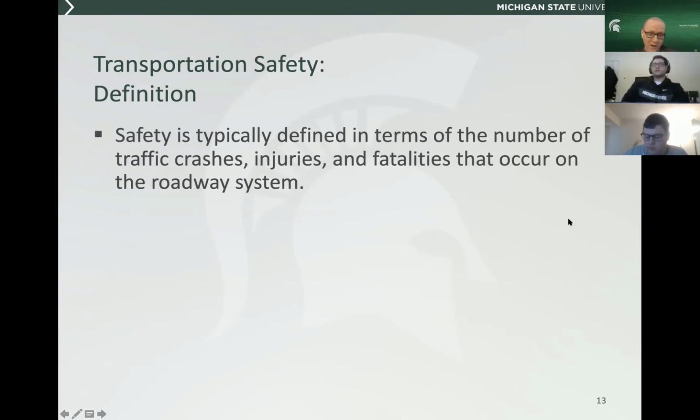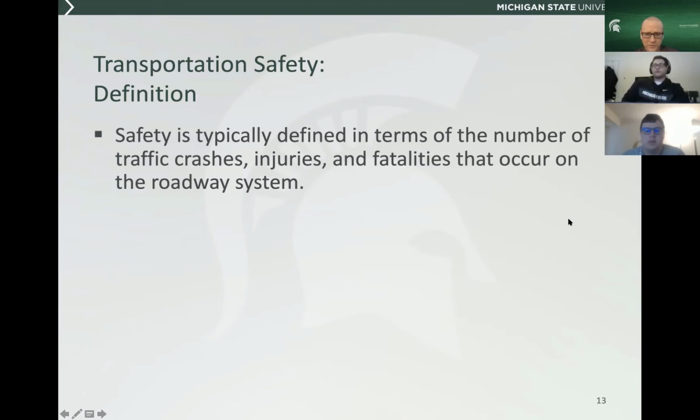Obviously, we'd like for crashes not to occur. When they do occur, we'd like to try to minimize the consequences of those, basically reducing the likelihood of fatal or severe injuries. And so from our perspective as engineers, we would play an important role in that. And that would include design of the roadway, making sure we meet any of the minimum design guidelines or standards, requirements, so forth and so on.